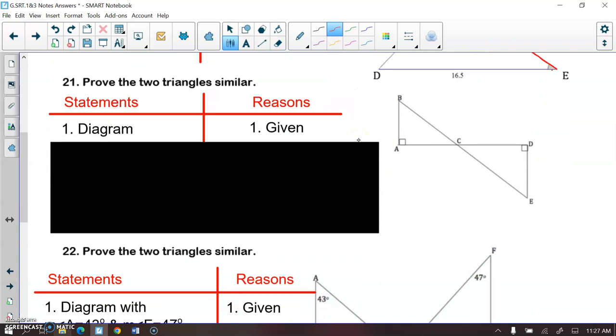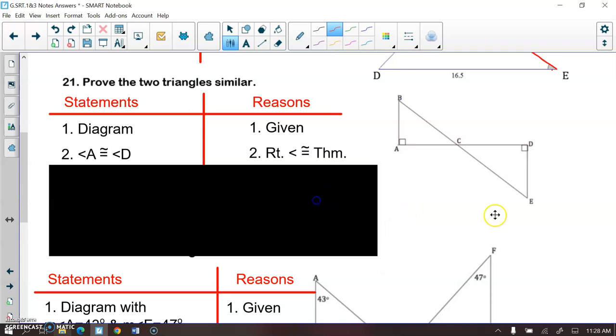So for number 21, we are given the diagram. In our diagram, we have angle A and angle D are right angles. So I can say angle D and angle A are congruent by the right angle congruence theorem. Now I just need one more set of angles congruent to say that these triangles are similar.